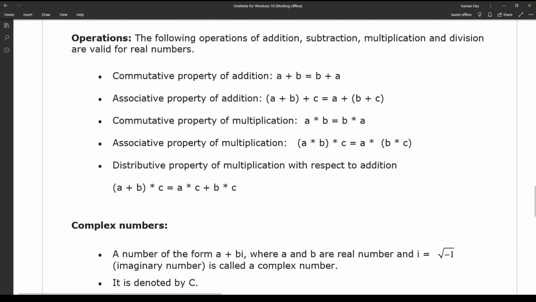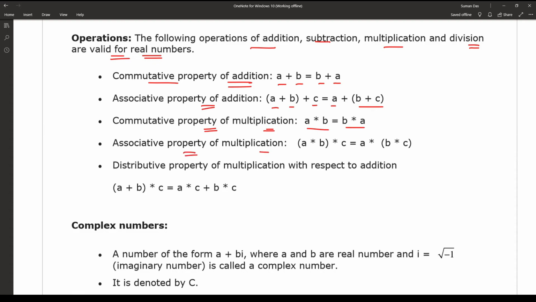Now the operations. The operations of addition, subtraction, multiplication and division are valid for real numbers and also for fractions. Commutative property of addition: a plus b is equal to b plus a. Associative property of addition: a plus b plus c is the same however grouped. Commutative property of multiplication: a into b is also b into a.